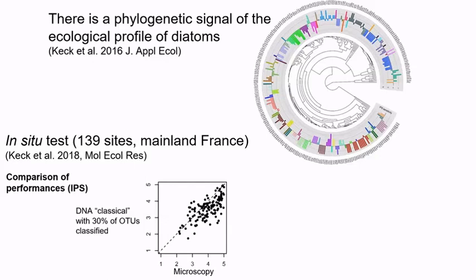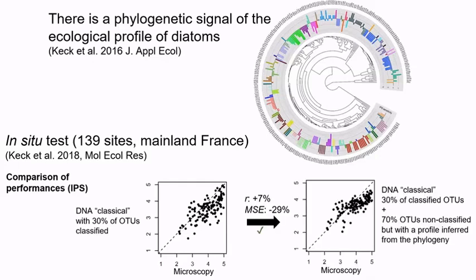So we come back to our test. What did François do? He inserted the environmental sequences in this phylogeny, and he was able to define their ecology thanks to their neighbors. This is the classical Diatom index, so without taking into account these lost sequences, and this is the improvement.